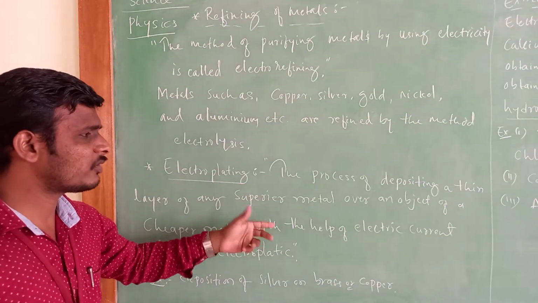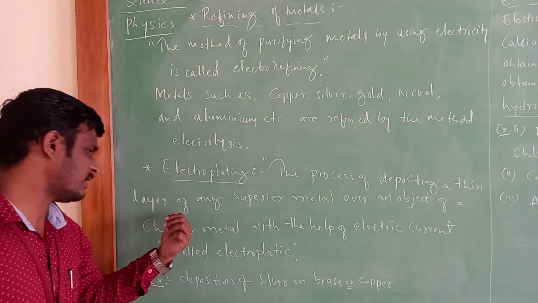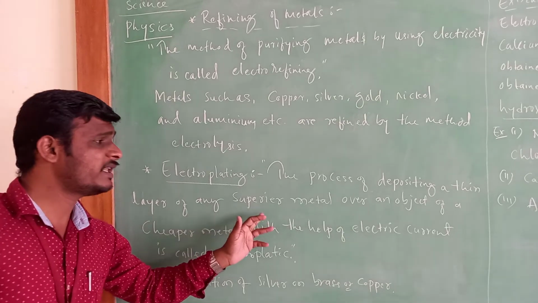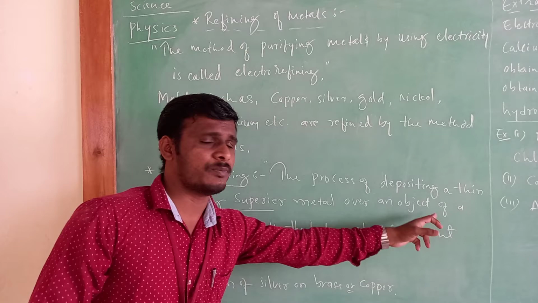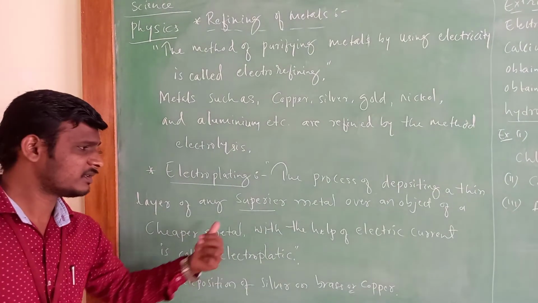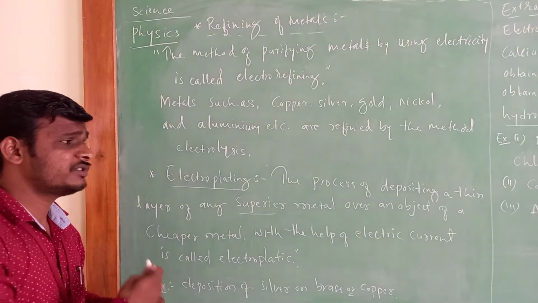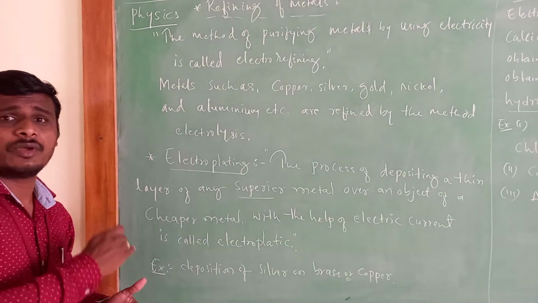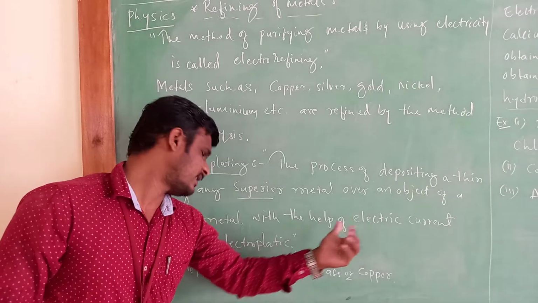So the definition of electroplating is the process of depositing a thin layer of any superior metal, meaning it should be superior to that metal, over an object of a cheaper metal with the help of electric current.